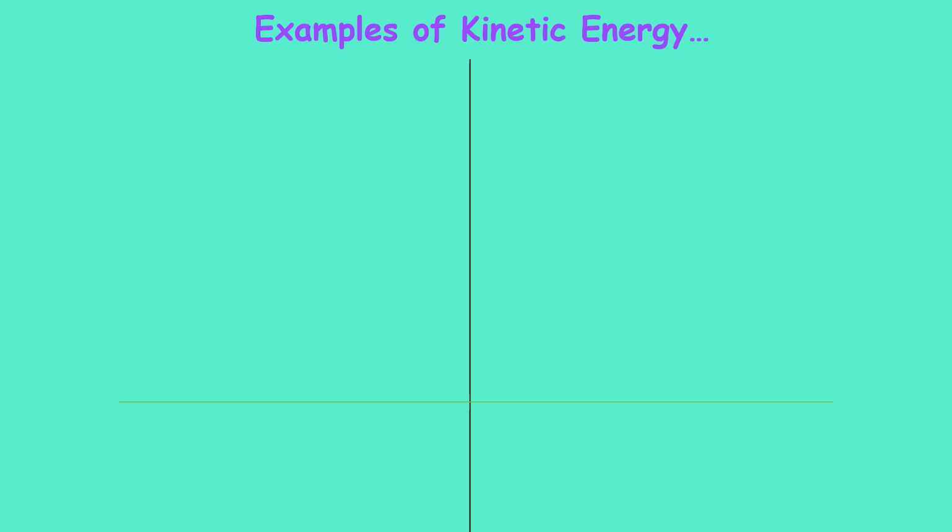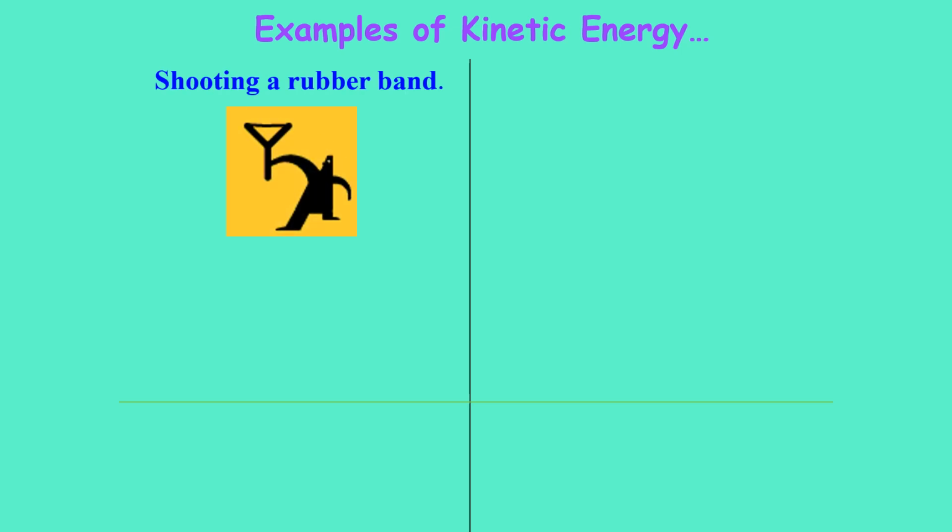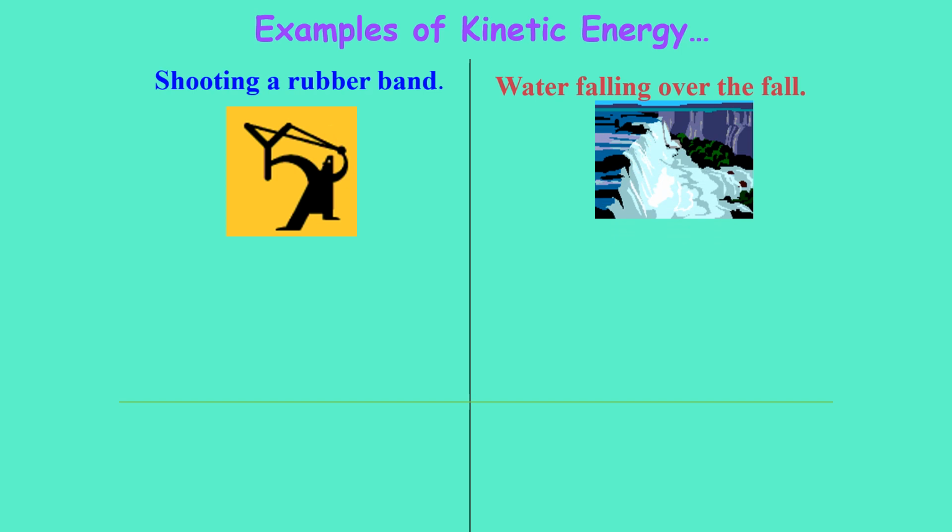Examples of kinetic energy. Using the same examples as potential energy, we can see how the same object that previously had PE now has KE. If the rubber band we were stretching to give it PE were to be let go, it would now have kinetic energy because it's now in motion. Same with the waterfall.